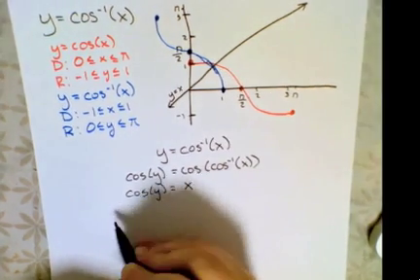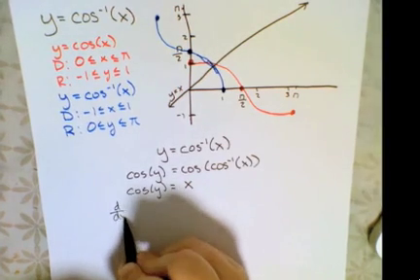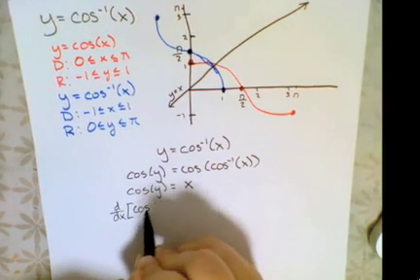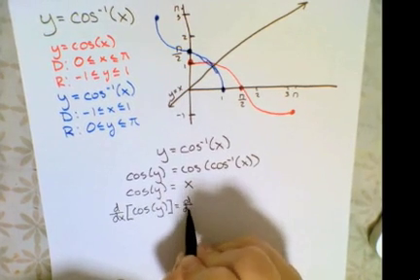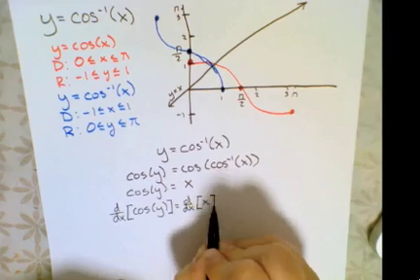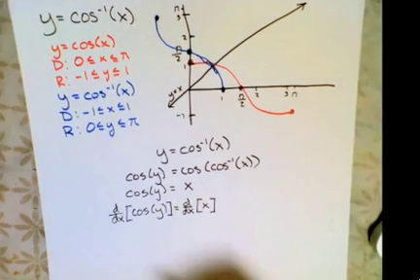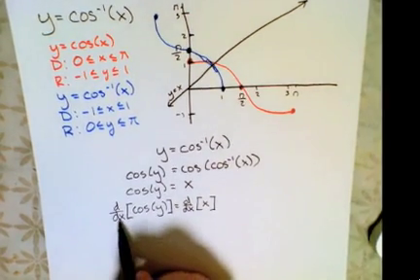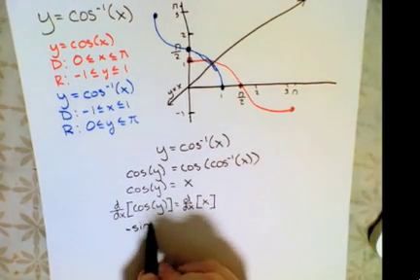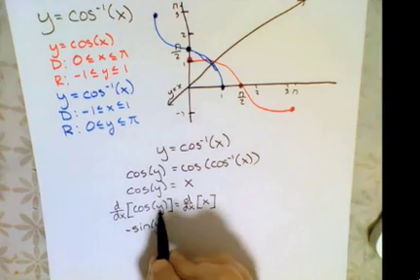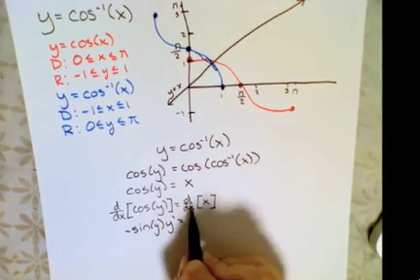Now I want to take the derivative of both sides in terms of x. The derivative of the cosine of y is negative sine y, and then the derivative of the inside is y prime. The derivative of x is 1.